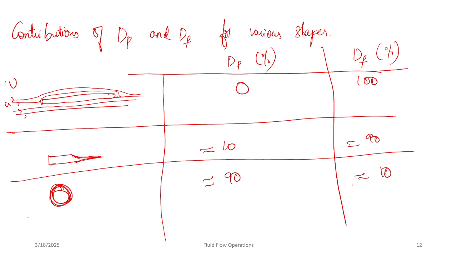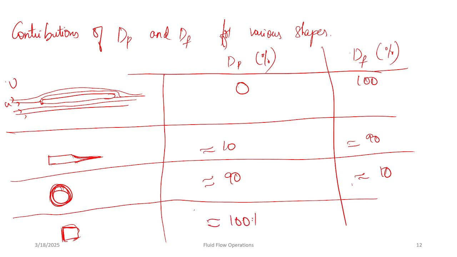And if you take a body having a flat surface in the field of flow, pressure drag will be around 100% and friction around 0%. So this is how the contributions of dP and dF to the total drag change depending on the shape of the body.